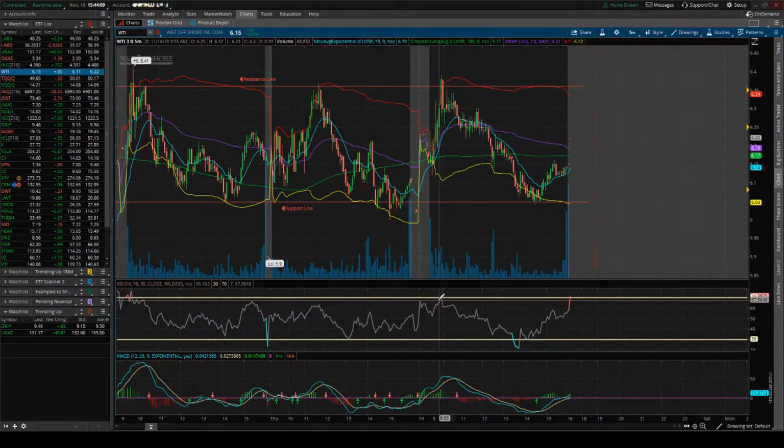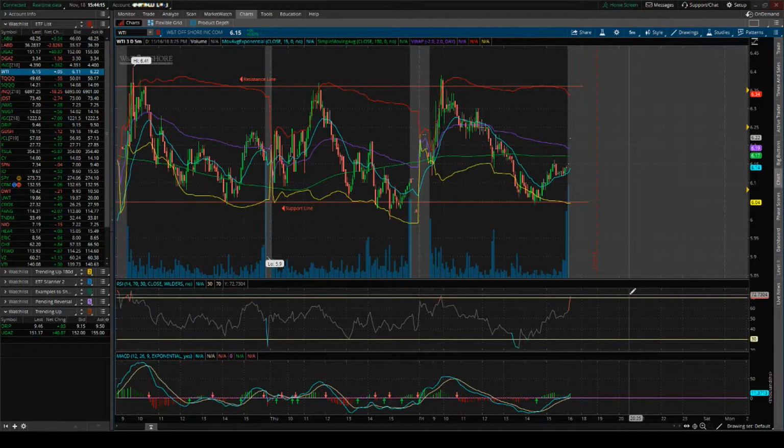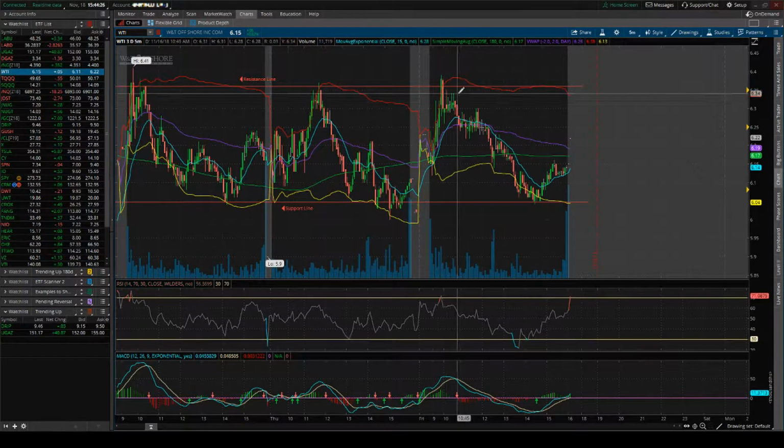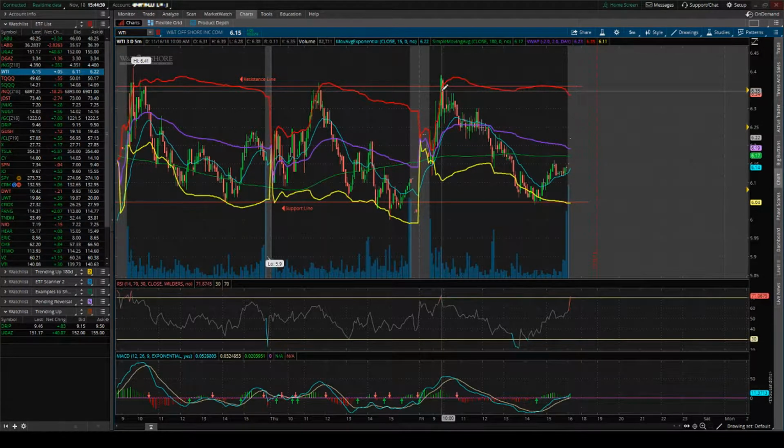Okay, now if we look at the stock over here where it crosses the resistance line, look what happens to the relative strength index indicator. The line turns red and it crosses the 70. This yellow line is 70. This is on a scale from 0 to 100, and this is the 70 line. And whenever it approaches that 70 line, then it turns red, indicating that it's not a good deal to hold a stock anymore, right?